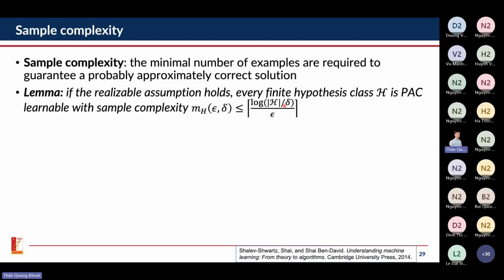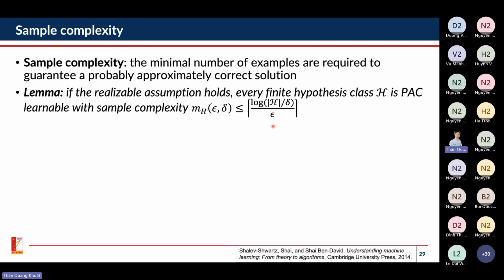Here we denote this number, which represents the size of the model family. Of course, when we write this, we are assuming that the model class is finite. So if the model family satisfies the realizable assumption, then we can estimate the sample complexity, and this is the upper bound for the sample complexity. And it means that it is very good, right?